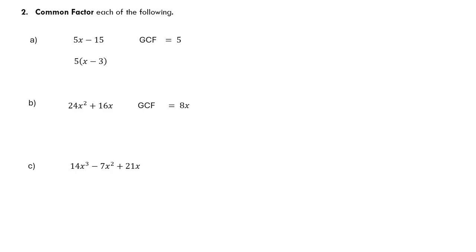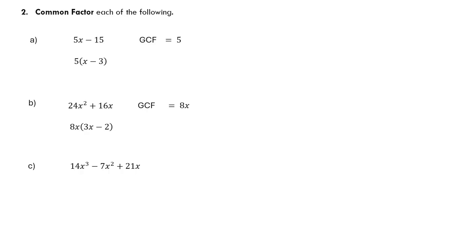What is the smallest exponent between x squared and x? That happens to be x. So our greatest common factor is 8x. 24x squared divided by 8x is 3x. 16x divided by 8x is negative 2.